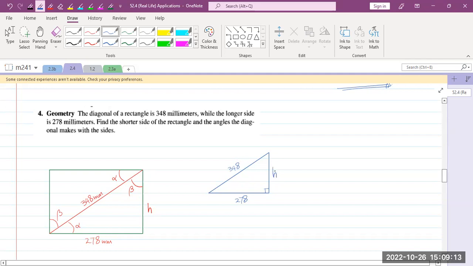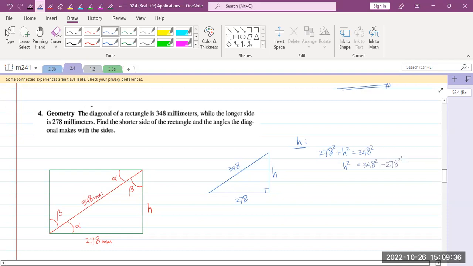Now to find the height, we can just use the Pythagorean theorem. So 278 squared plus h squared equals 348 squared. H squared equals 348 squared minus 278 squared.